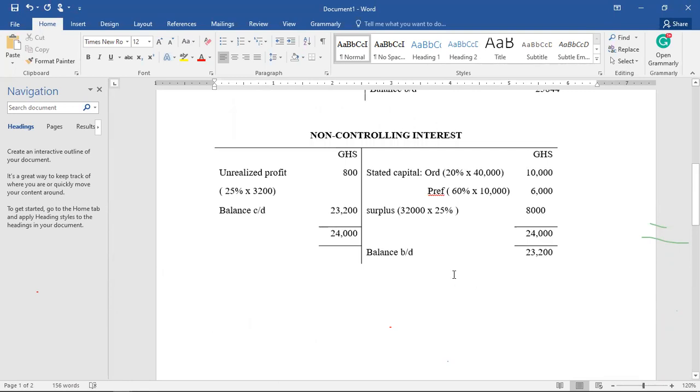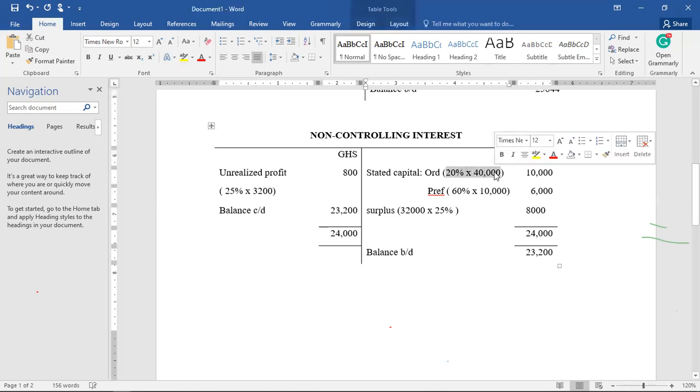Now, if I come here and I say stated capital, for the ordinary share dividend, I must know how much is going to the subsidiary. Now, just like we calculated earlier on, you go and pick the total profits or the total surplus of the subsidiary. So you go to the income surplus account.